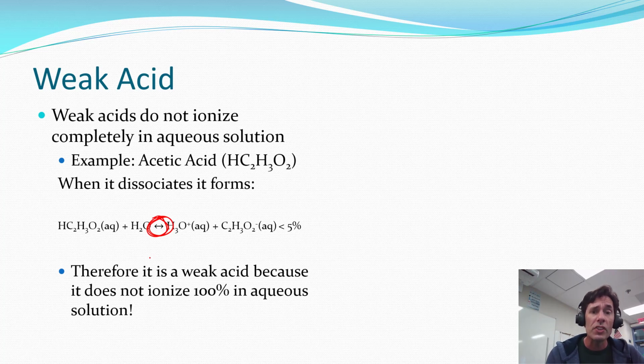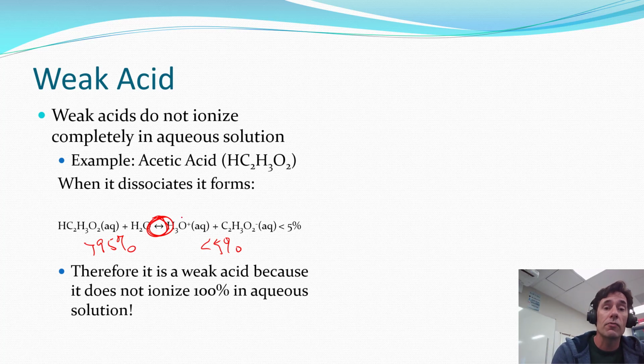What this actually means is that greater than 95% of it is in this particular portion, and less than 5% of it is in this state, meaning that it's forming the acid and its conjugate. So therefore, it is considered to be a weak acid. And for those of you who don't like words, there are pictures.